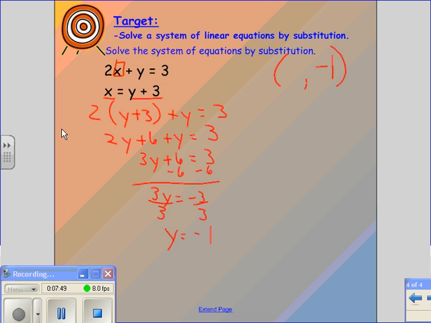So x equals negative 1 plus 3 from the original equation. So x equals 2. So I know that my x value of my solution is 2. So my solution to this system of equations is (2, negative 1). And you know from yesterday that if we graphed both of these lines, the point of intersection where they cross would be at (2, negative 1).